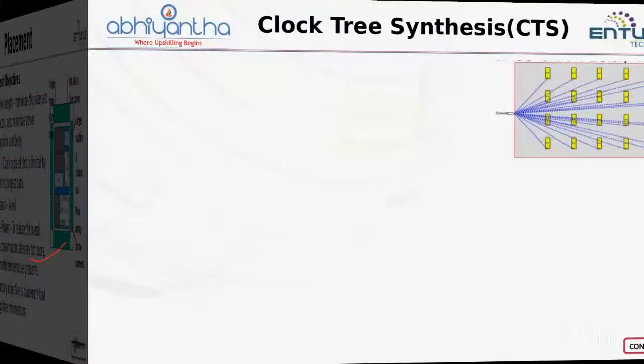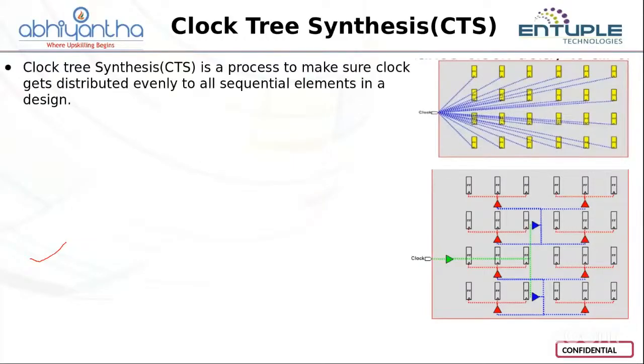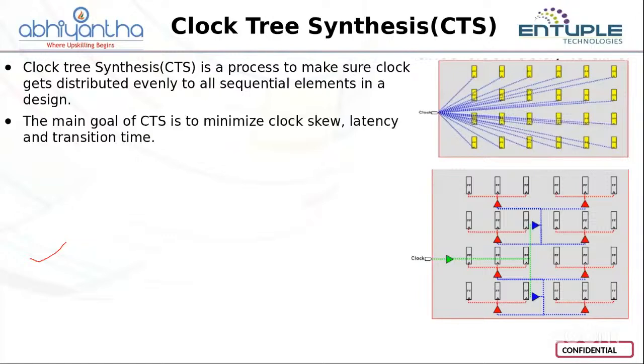Then you have clock tree synthesis, as I mentioned. The clock tree shows how the flip-flops are receiving the clock signals. The difference will be your clock skew. So the main goal is you need to check your clock skew.